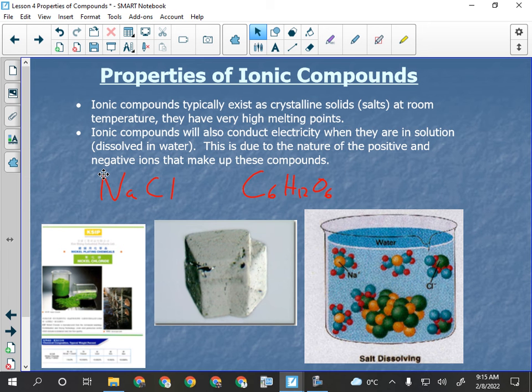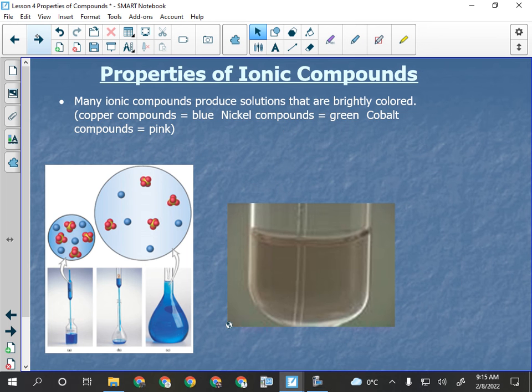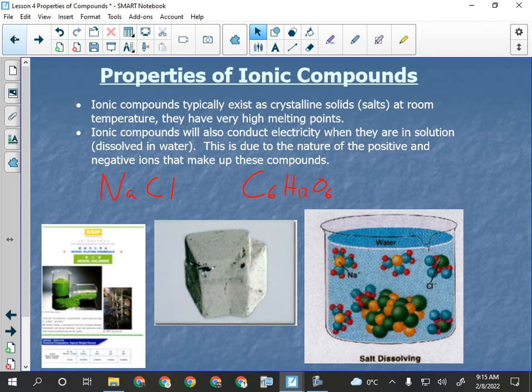All right, so we said ionic compounds typically exist as crystalline solids. They have high melting points. Ionic compounds will conduct electricity when they're in solution, and that's because of the nature of the positive and negative ions that make them up. Another thing about ionic compounds is that some of them are brightly colored. Those bright colors are properties of the metal.